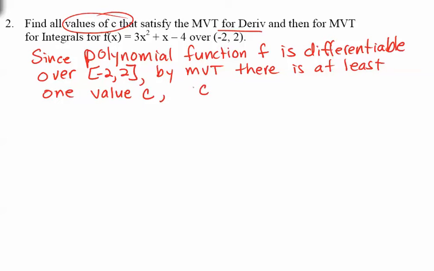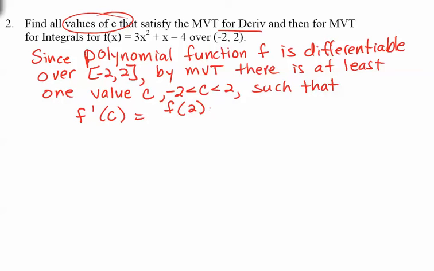And you could say that c is between these two endpoints, such that, and now we need our instantaneous rate, that's f prime of c, to be equal to our average rate, that's the slope between the two endpoints.